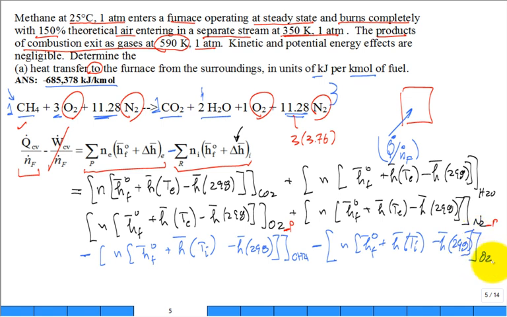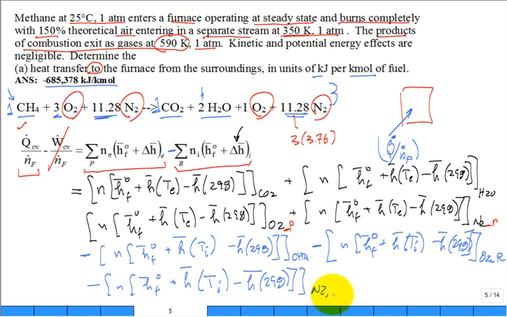That's why sometimes I'll put oxygen coming in the reactants. See how that can be confusing? I have oxygen here, I have oxygen there. It can be confusing. So let's leave it there. And then finish out this equation, minus the stoichiometric coefficient, enthalpy of formation, plus the enthalpy at the temperature coming in minus the reference 298 for the nitrogen coming in the reactants.